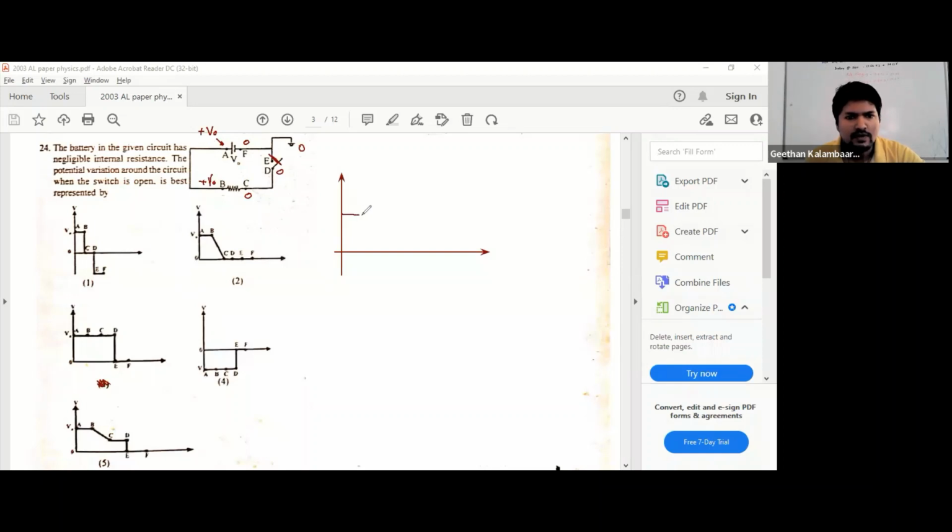At B it will be V naught. But at C it will be 0. D, E, F, everywhere it will be 0. Understood? Alright.